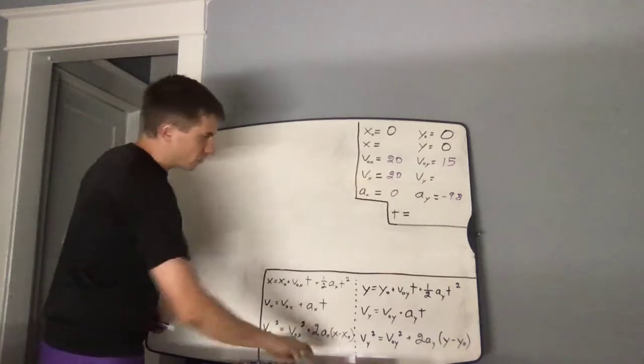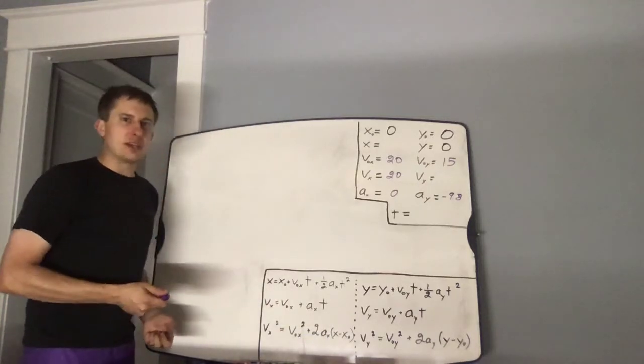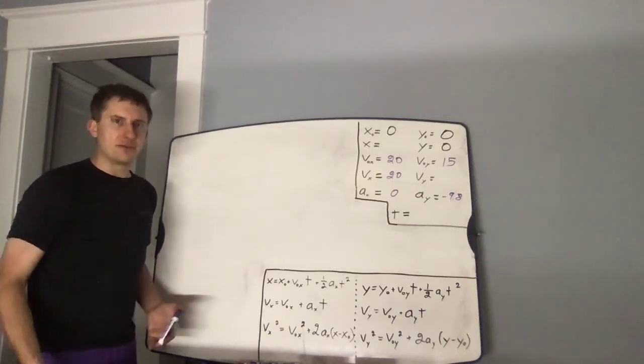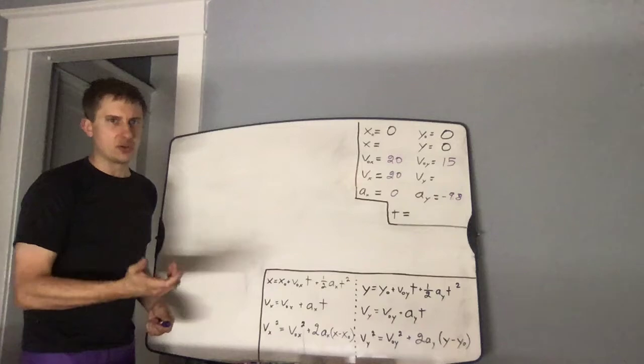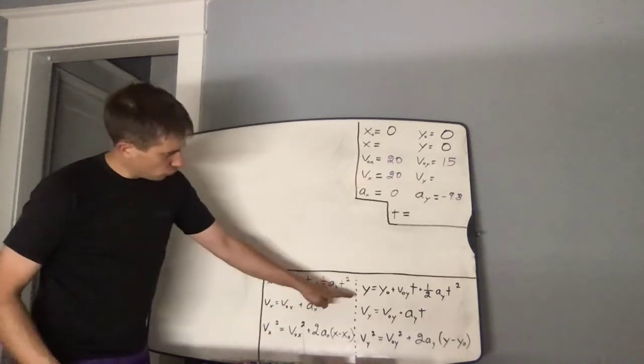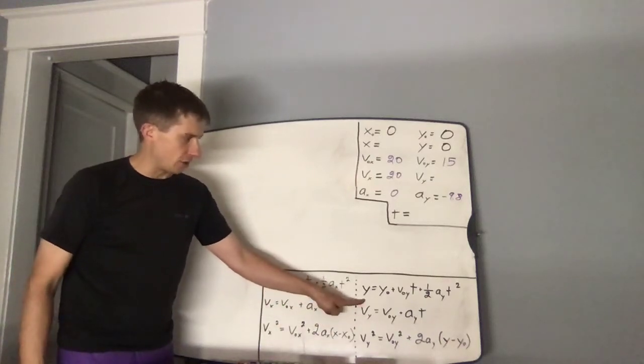So what can I use to find time? Well, it's not going to be true 100% of the time, but very often if you want to find time, you will want to use an equation on the y side. So let's look at these y equations. Time is here and time is here.